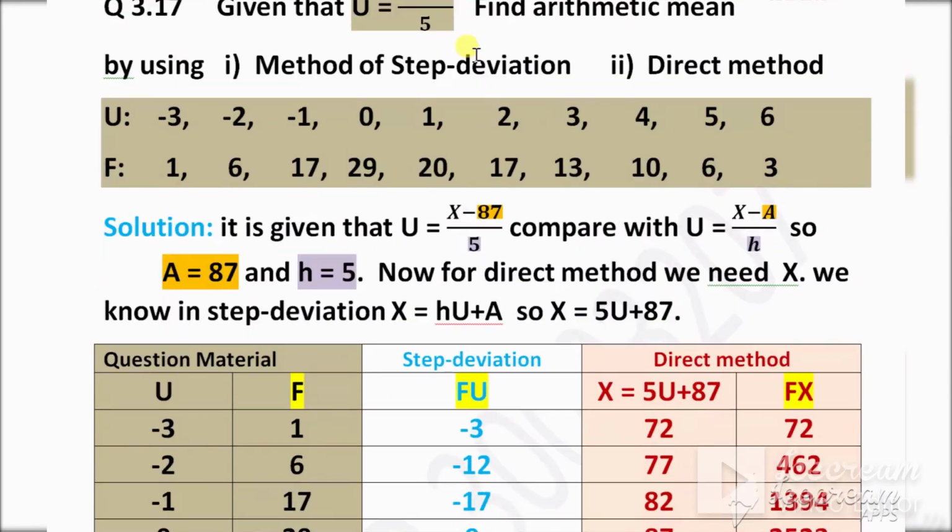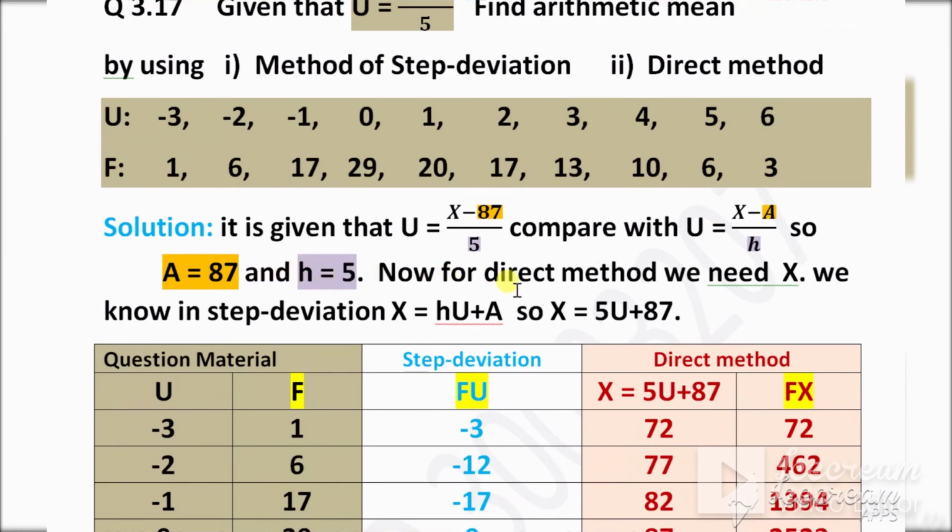Compare this given information with u is equal to x minus a over h, because this is the formula of u for the step deviation or coding method. Here is x minus a, here is x minus 87. So a is equal to 87. The divide term is h, here the divide term is 5. So h is 5.